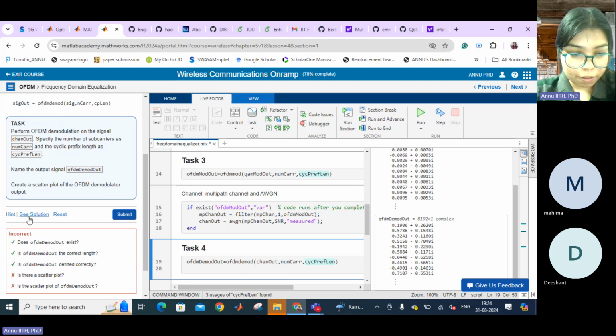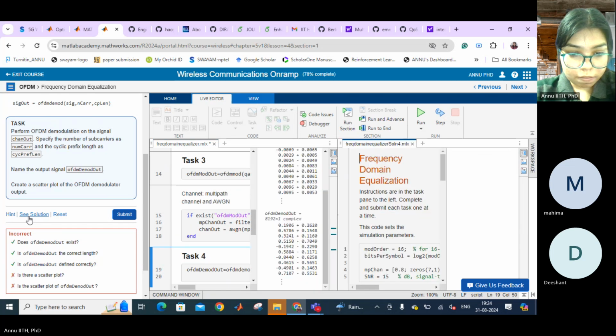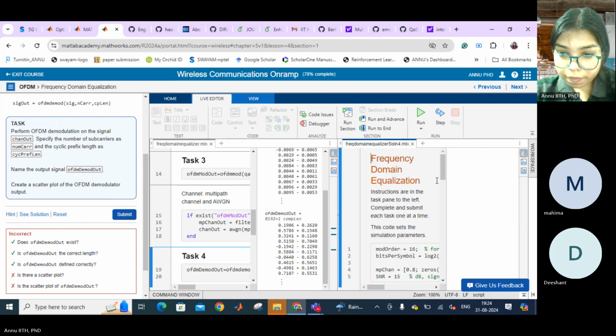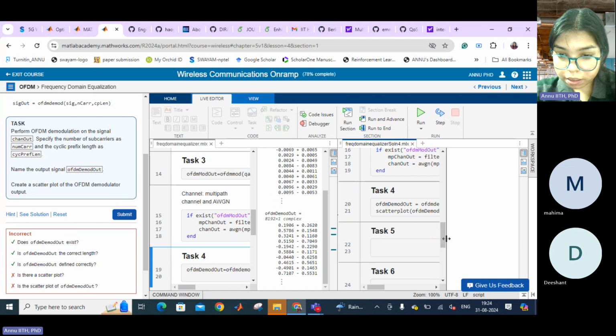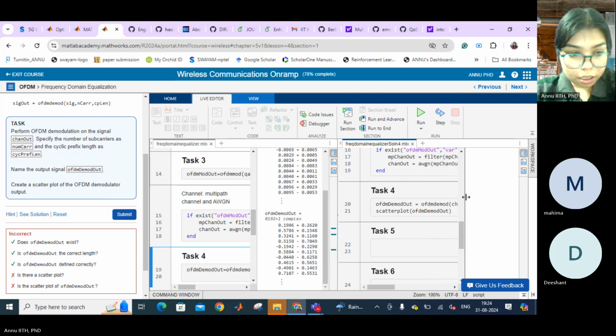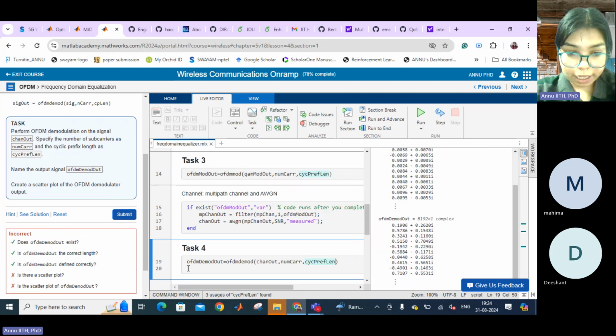Let's see the solution. So they have done it. It's actually creating a scatter plot, so I haven't done that.